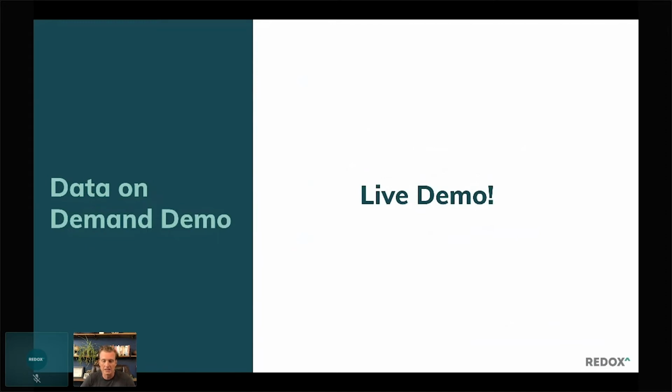And so I'm going to give a little example, a demo of our product and how it works in Data on Demand with this dynamic balancing and horizontally scalable layers of our architecture. So bear with me for a second.